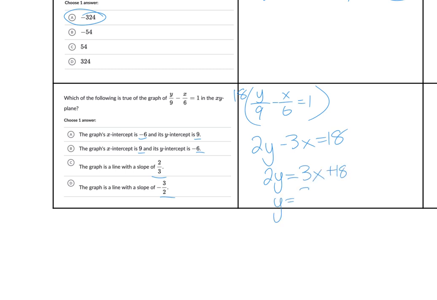So y equals 3 halves x plus 9. So just from this, I can eliminate these two slopes because my slope is positive 3 halves, and the y-intercept is 9, so the answer is A. By multiplying by that common denominator, that helps get rid of those fractions and makes that algebraically much easier to work with.